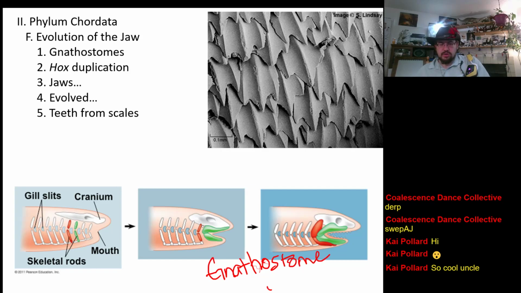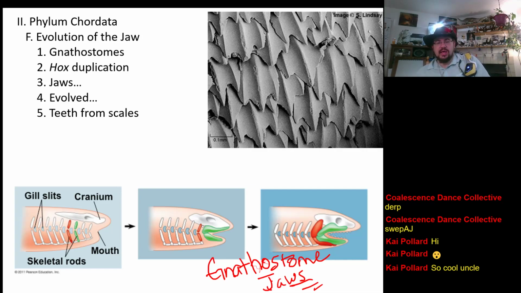A gnathostome is characterized by having jaws. Okay, so gnathostomes are vertebrates with jaws. So if you have a jaw, you have a vertebral column. All gnathostomes are vertebrates.